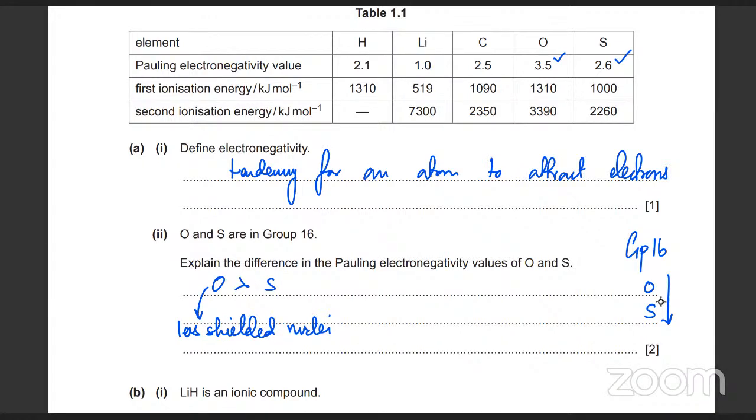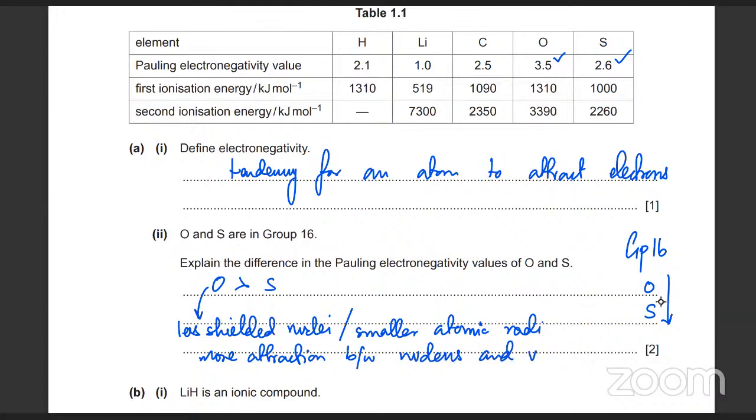So smaller atom, atomic radius is smaller. So the distance of the outer electron is also less, so that leads to more attraction between the nucleus and valence electrons, or electrons generally.